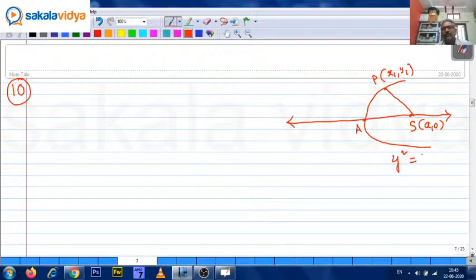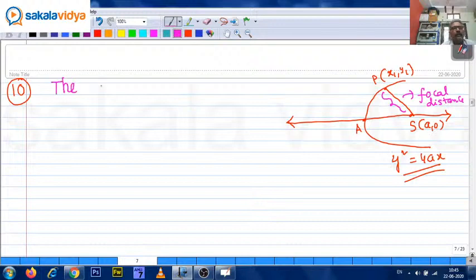This is y square is equal to 4ax. Here SP is called the focal distance. Sometimes in the examination you may be asked to find the focal distance from the point to the parabola. So we need to remember the focal distance formula.